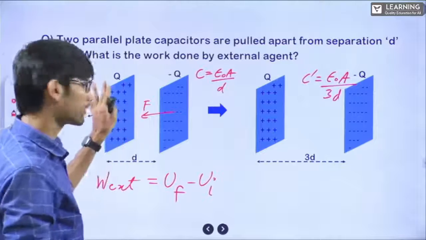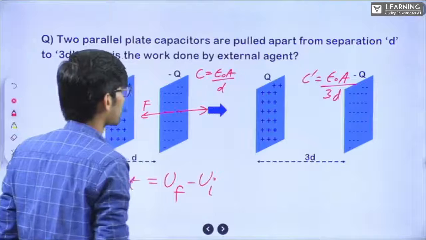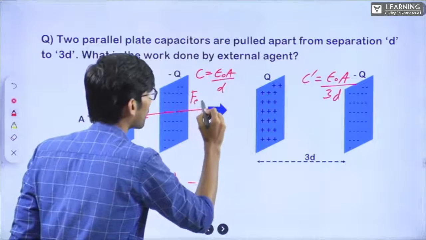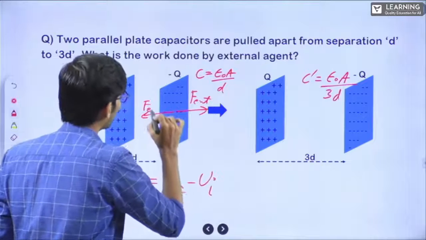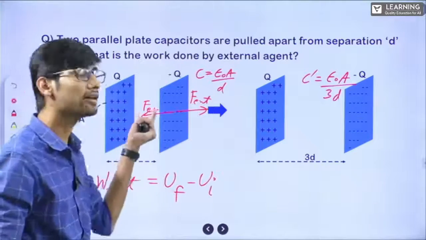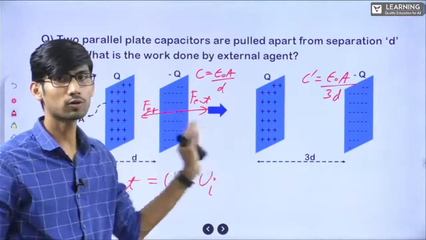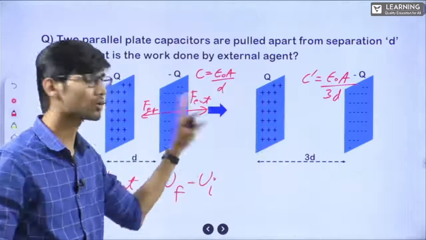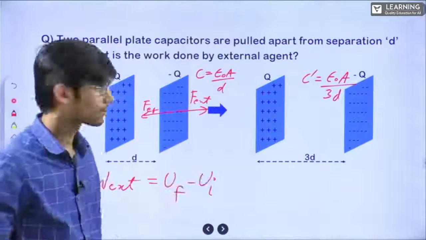So now keeping this fixed, I want to take it away. Since this force is there, I have to put an equal and opposite force. F electric is inside, F external is outside. If I put just more than that, it will shift, correct?